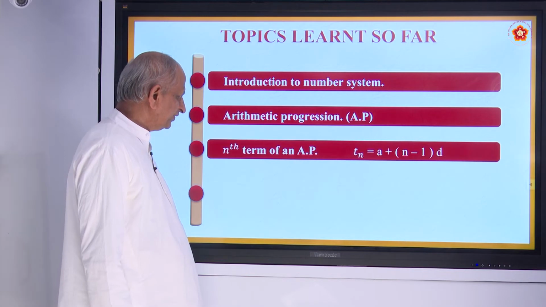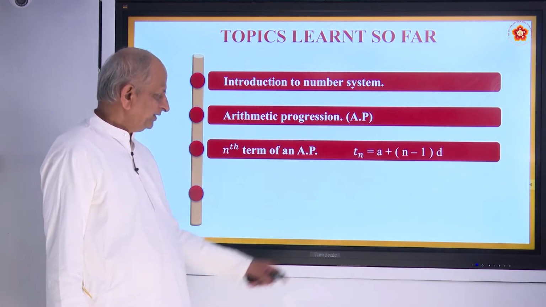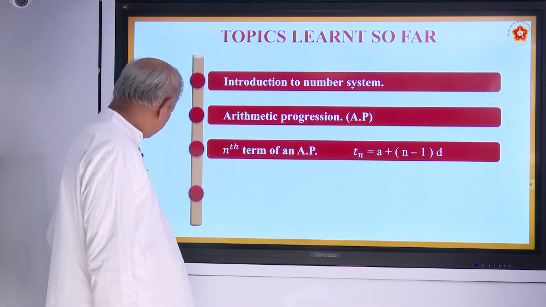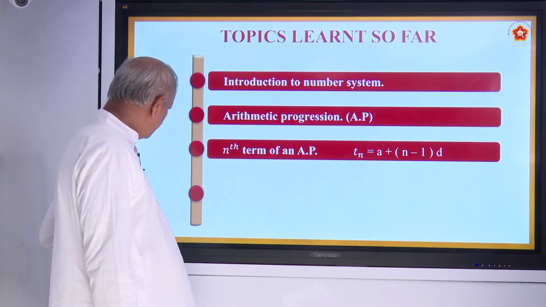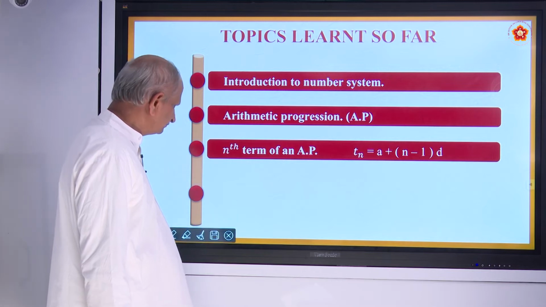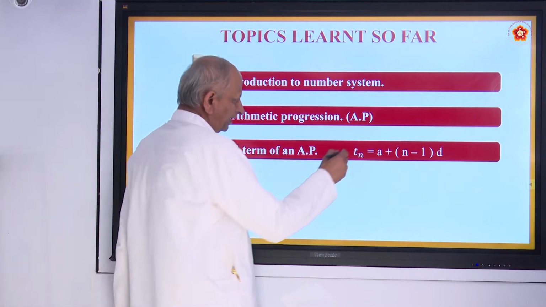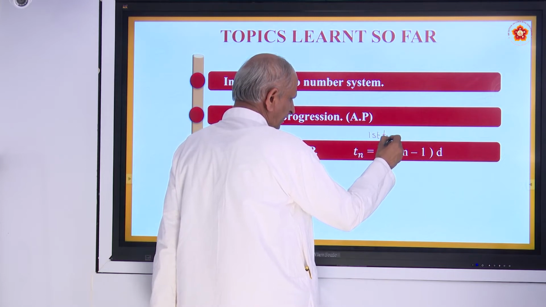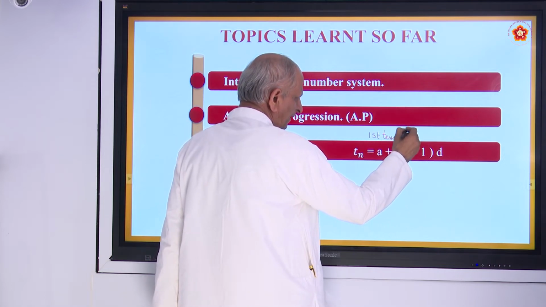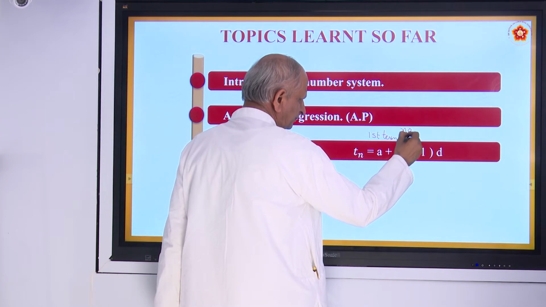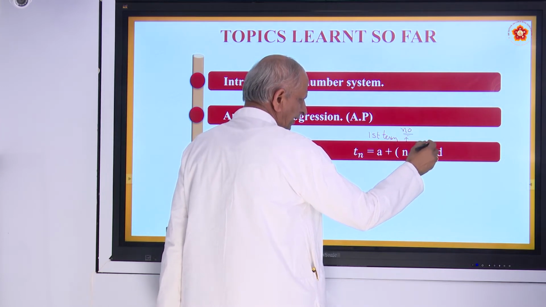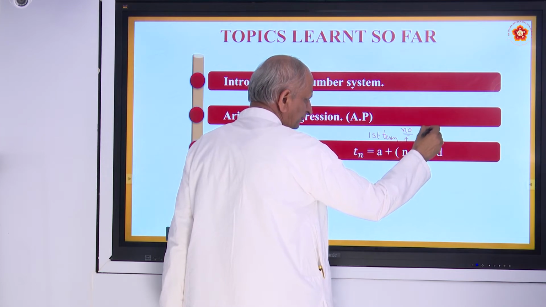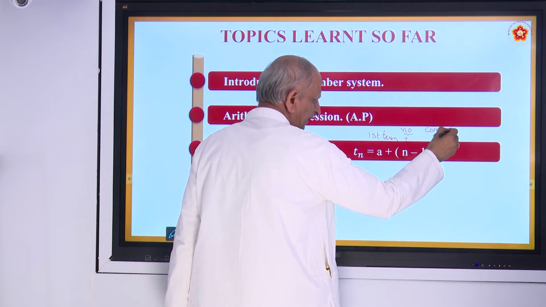Also, we have seen the nth term of an AP, Tn equals A plus n minus 1 into D. What is A? A is called the first term. And what is n? Number of terms. And what is D? Common difference between two terms.